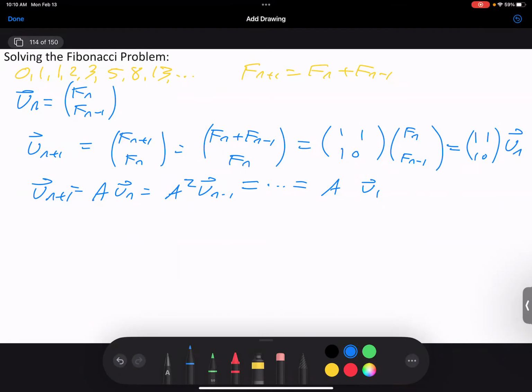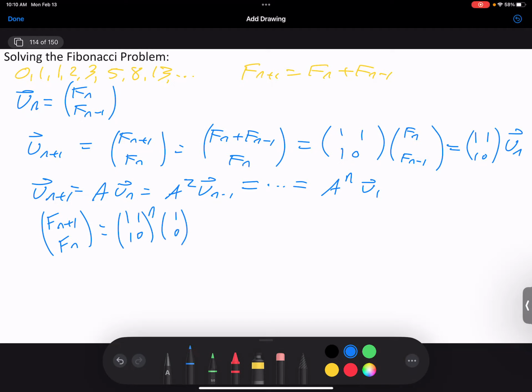N. And the way I can always figure this out is 1 plus n is n plus 1. 2 plus n minus 1 is n plus 1. So this tells me that (Fn+1, Fn) is equal to the matrix 1, 1, 1, 0, acting on the vector V1, which is (1, 0). And that's just the nth power.